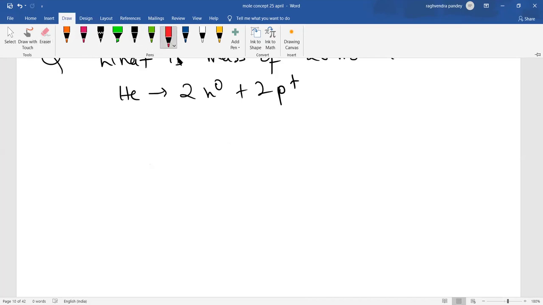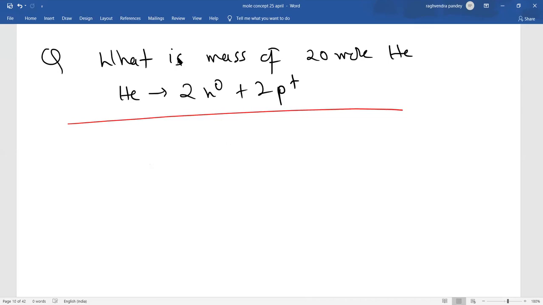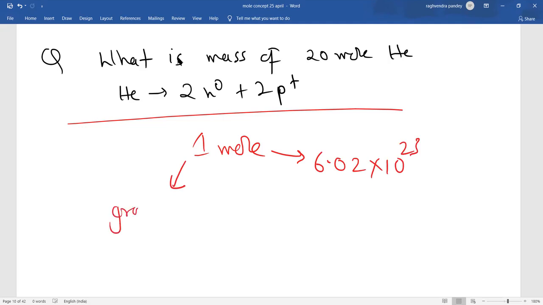Now the relation between these: 1 mole is equal to 6.023 into 10 to the power of 23, and 1 mole is equal to your gram atomic mass.